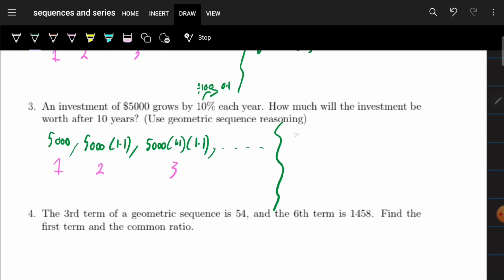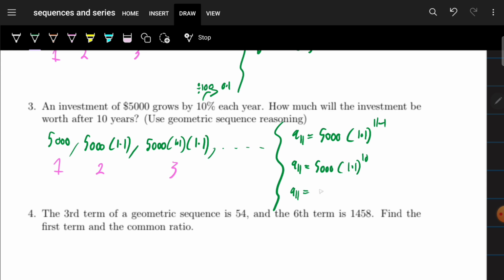So A11 is equal to 5,000 times the common ratio of 1.1 to the power of 11 minus 1. So we have A11 is equal to 5,000 times 1.1 to the power of 10.